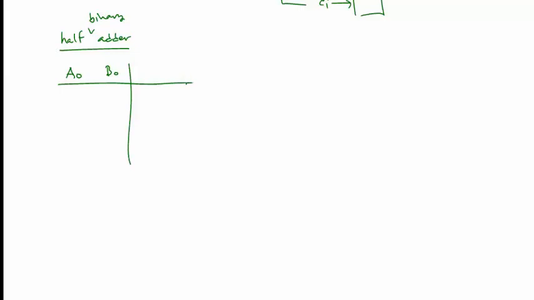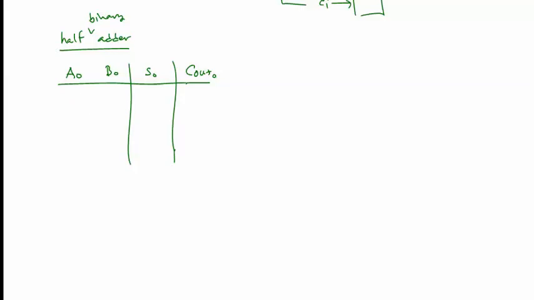Okay, so let me do a half binary adder. Okay, so we have inputs, call it A0 and B0, and we have the output S0, and we have a carry out C0.